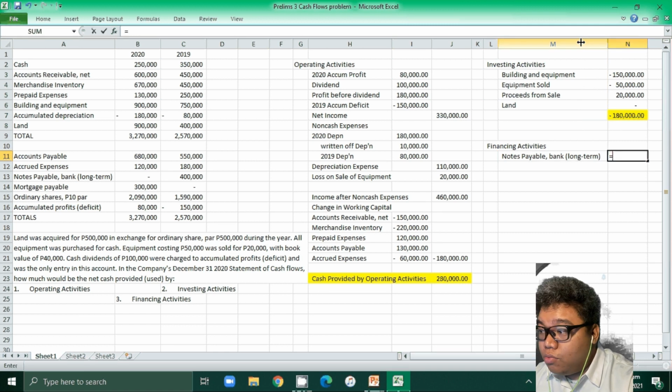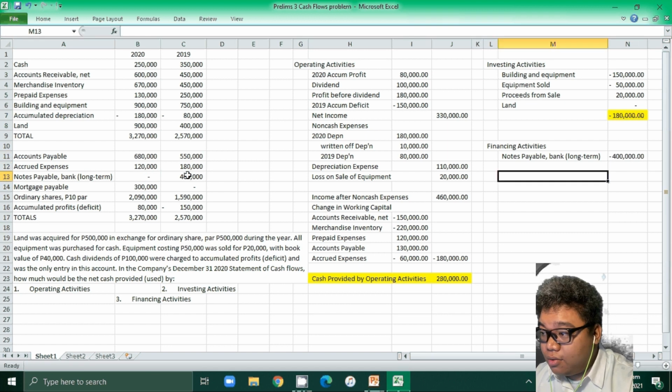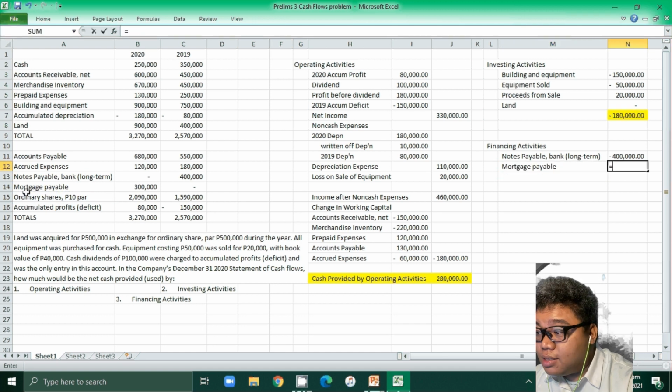So it means we must have paid for it. There is a decrease, and if there is a decrease, that is cash used. Now, for the mortgage payable, there is an increase amounting to 300,000.